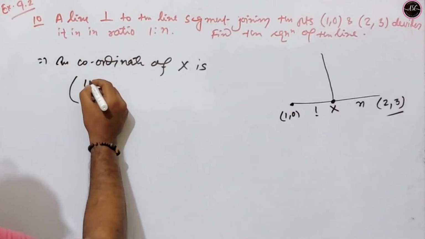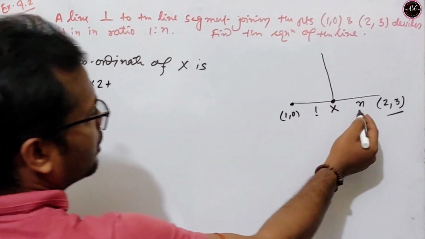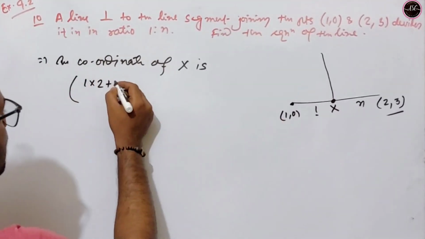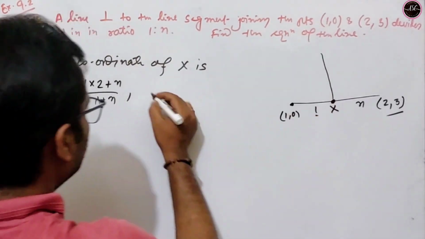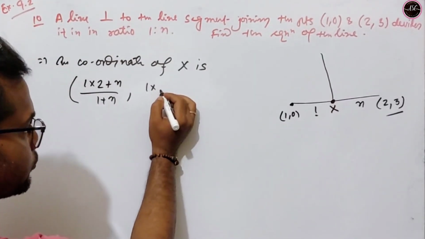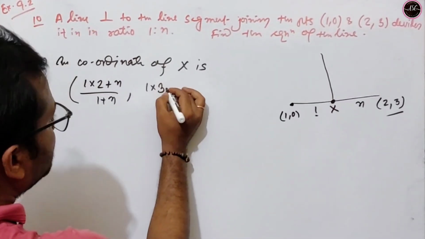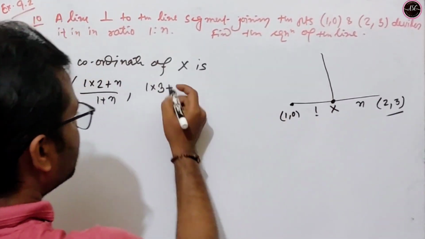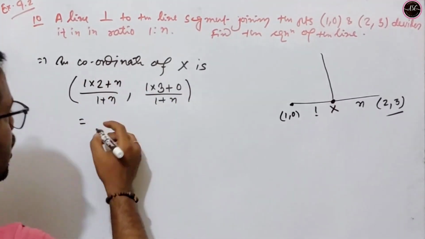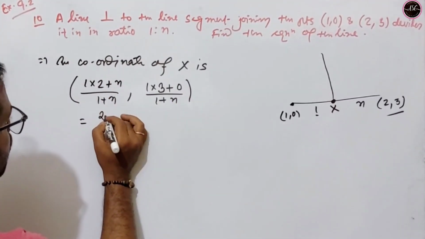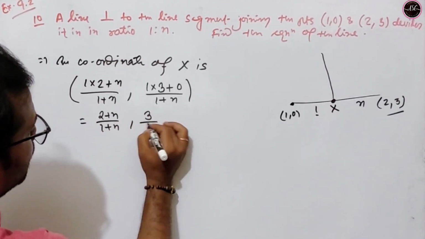So m into x2, that means 2, plus n, that means n, x1, that means 1, divided by 1 plus n, comma (my2, that means 1 into y2, which is 3, plus n y1, that means 0), divided by 1 plus n. Okay, so the coordinate is (2 plus n) divided by (1 plus n), comma 3 by (1 plus n).